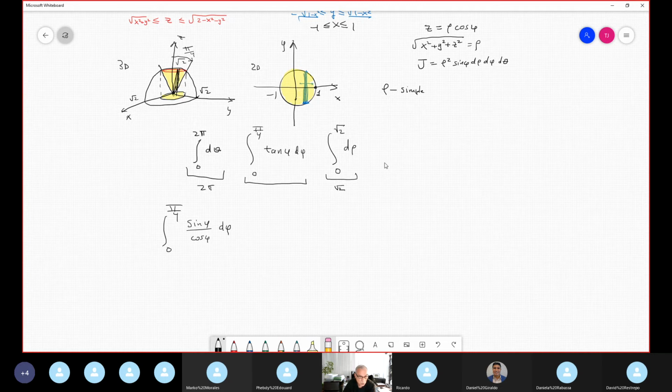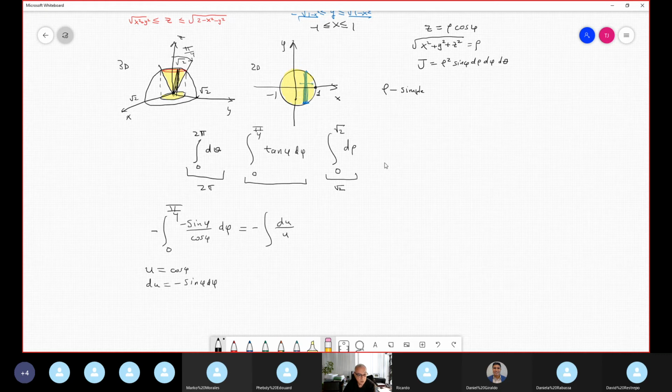For example, if you use u equal cosine phi, when you differentiate u, the derivative of cosine is minus sine phi d phi. In order not to affect it, I put the negative here and negative here. It's ready for substitution. It's minus the integral, so we have du divided by u, because u is cosine and negative sine phi d phi is du.